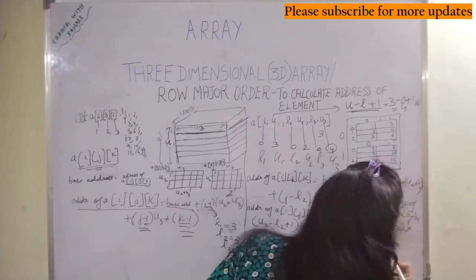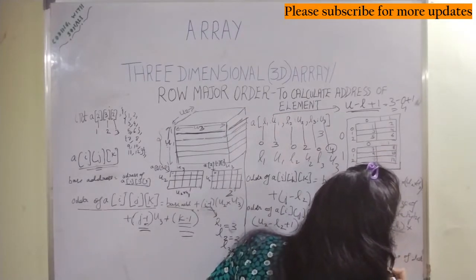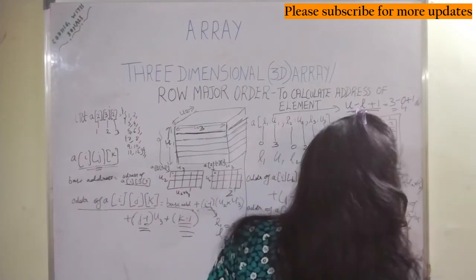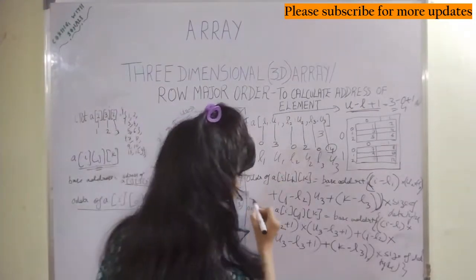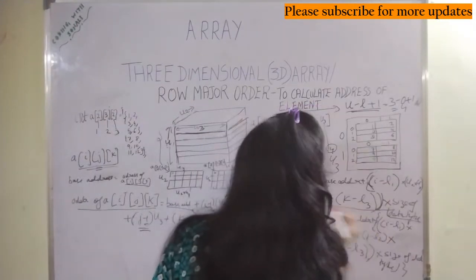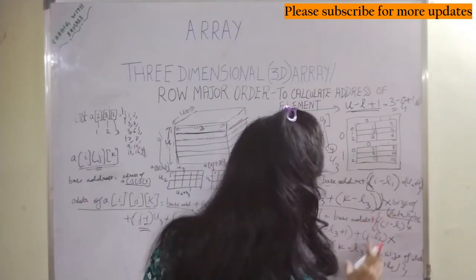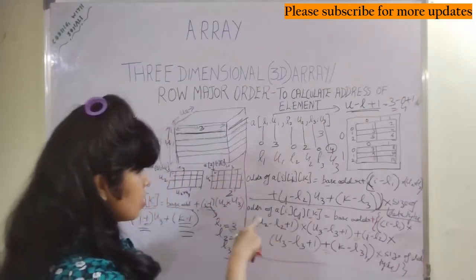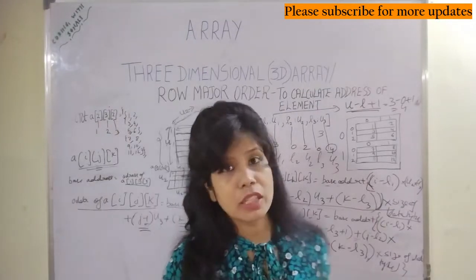I will multiply this into the size of the data type, so for integer it is 4, and the whole expression plus base address. So this is your final formula. The whole expression result which you get, you multiply with the size of the data type.